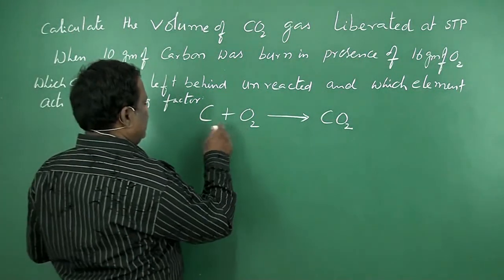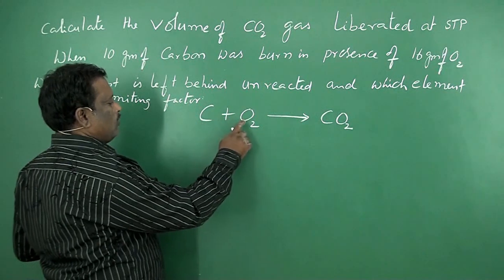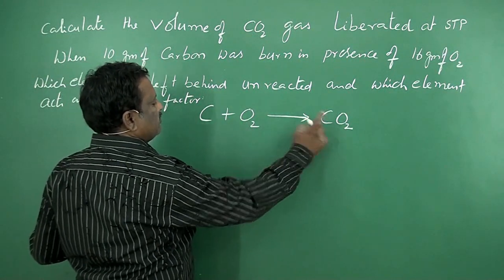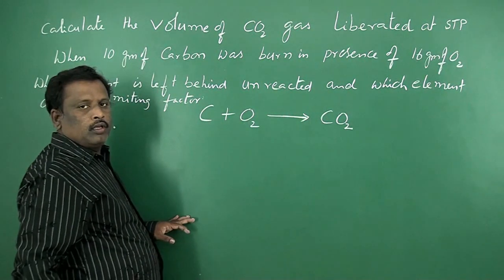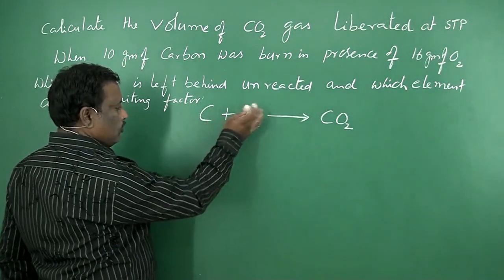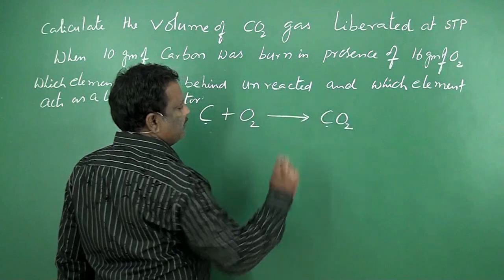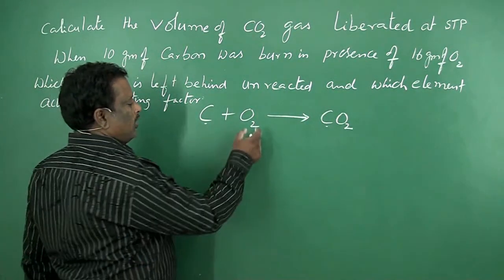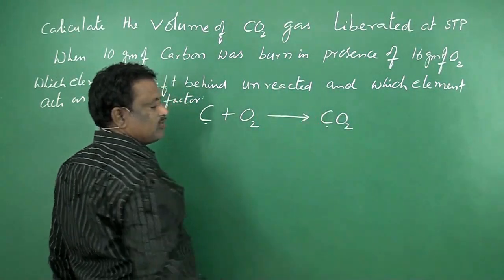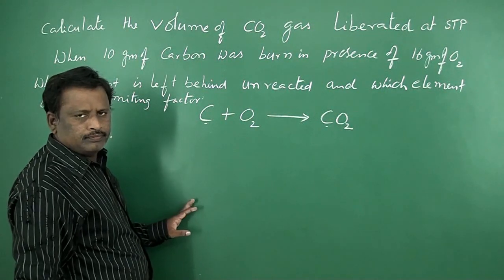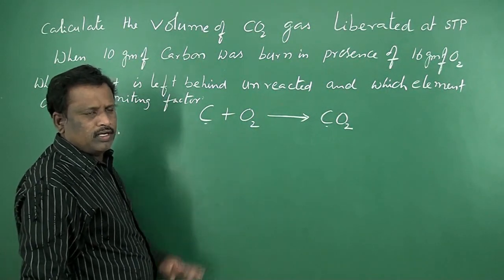Now here one carbon atom is there, one oxygen molecule is there, and one CO2 molecule is there. One carbon is on the reactant side and one carbon is on the product side. Two oxygen atoms are there, two oxygen atoms are there. So carbon is balanced and oxygen is balanced.